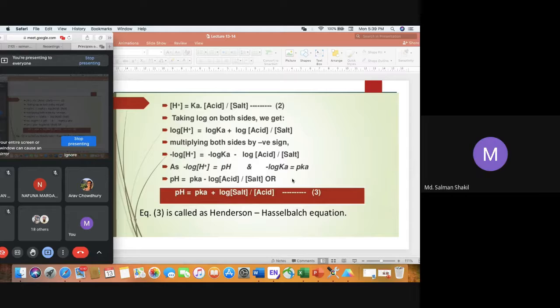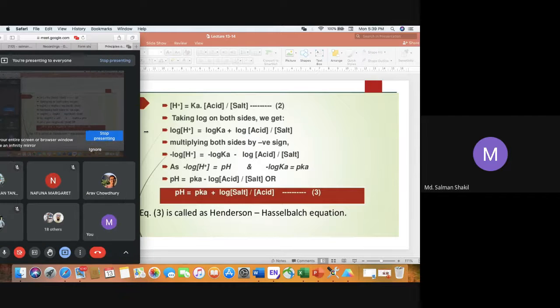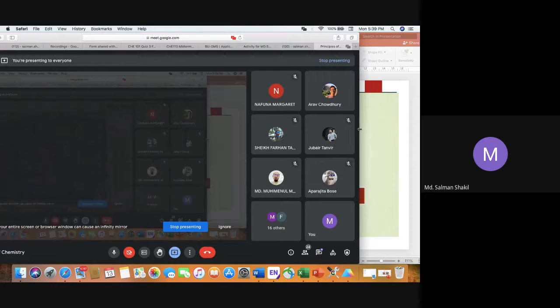We can write here minus log B by A. So minus minus will be plus, right? Yes, sir. Okay, so this equation is called the Henderson-Hasselbalch equation. Is it clear to all?